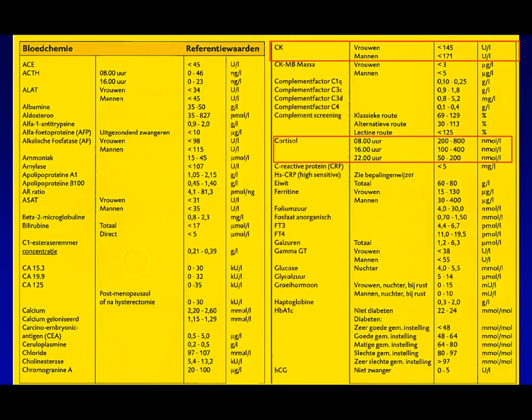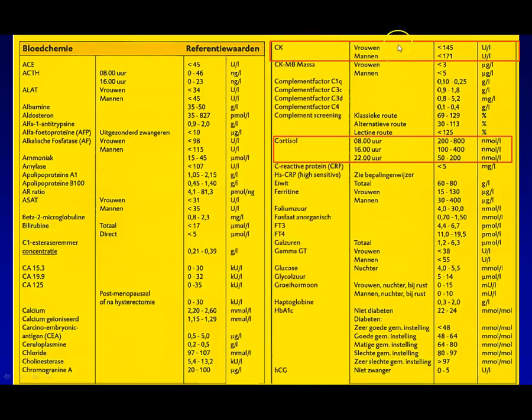We also see gender in the transaminases. We also see pregnancy as a confounder. We see circadian rhythm in cortisol with a high level in the morning, low levels at night, and in between at the end of the afternoon.